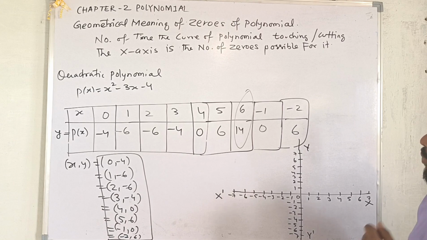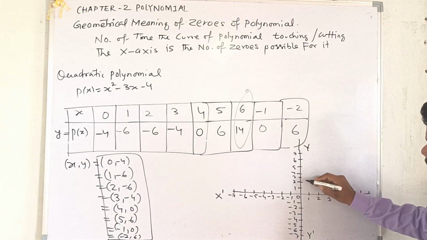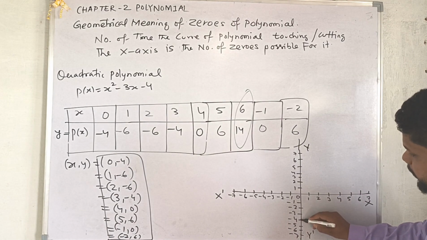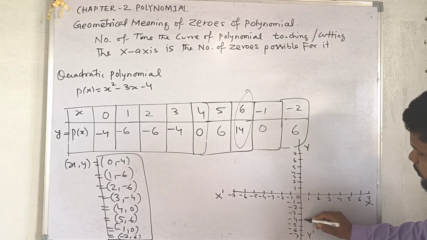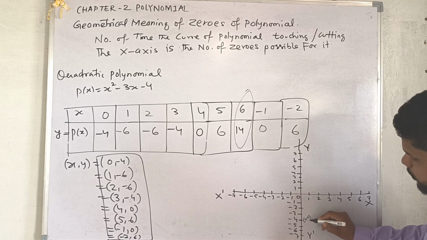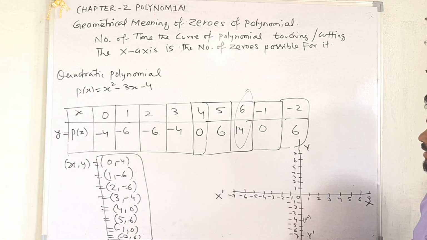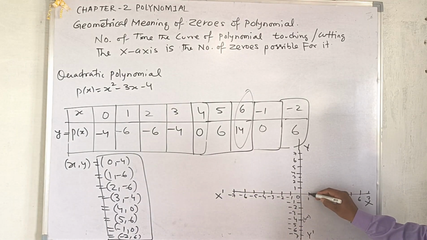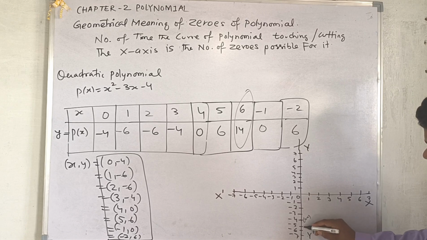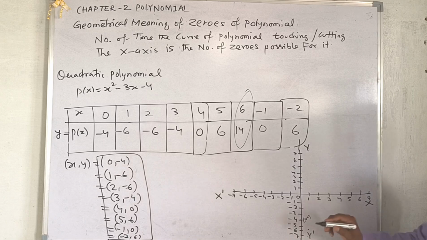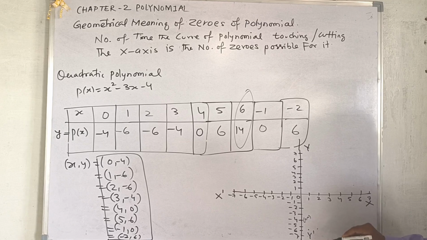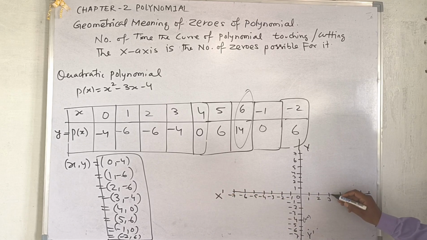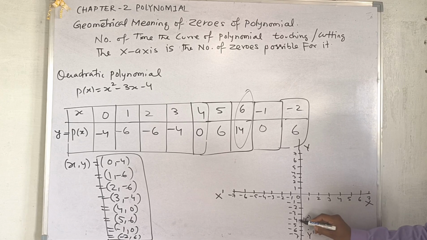One by one, 0, minus 4: 0 is here, minus 4 is here. Okay, so this is 0, minus 4. 1, minus 6: 1 is here, minus 6 is somewhere here. Okay, so 1, minus 6. 2, minus 6: 2 is here, minus 6 is again here. Okay, 3, minus 4: 3 is here, minus 4 is somewhere here, parallel to this.